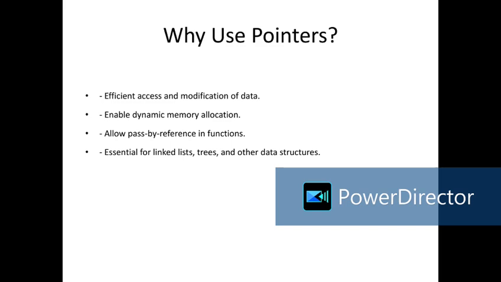Data structures: pointers are the backbone of linked lists, trees, graphs, and more. Have you ever written a function and wondered why it did not change the original variable? That's because C uses pass by value. But with pointers, we can modify the original without returning anything. This is essential in real-world applications, from operating systems to embedded systems.